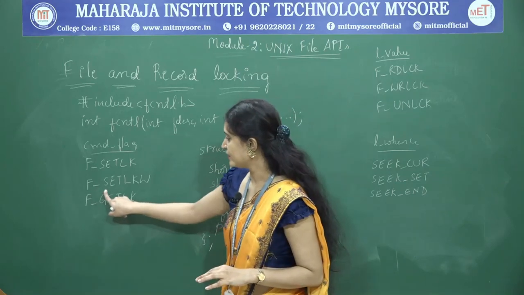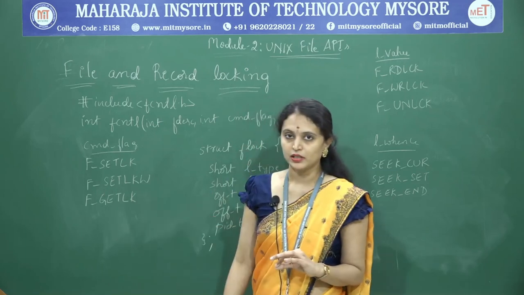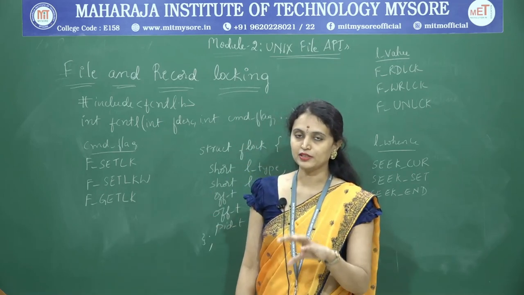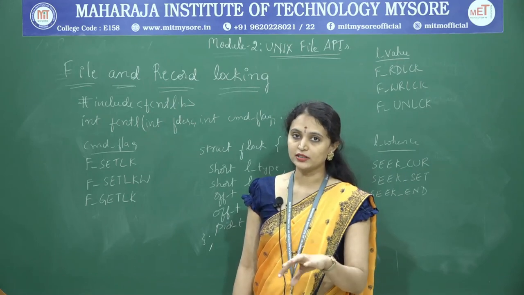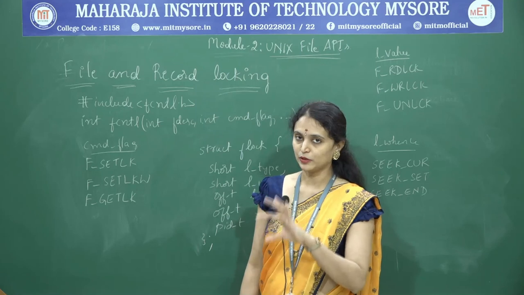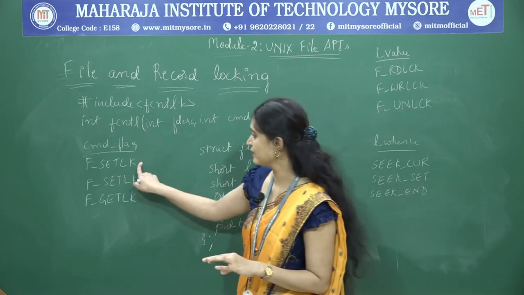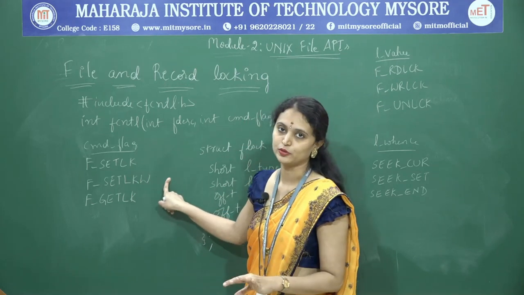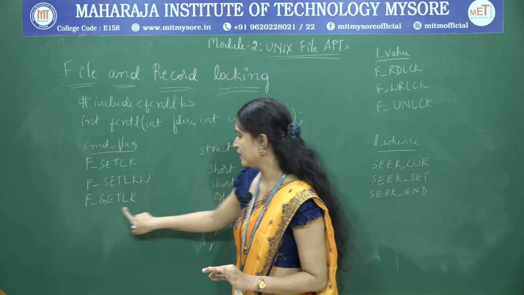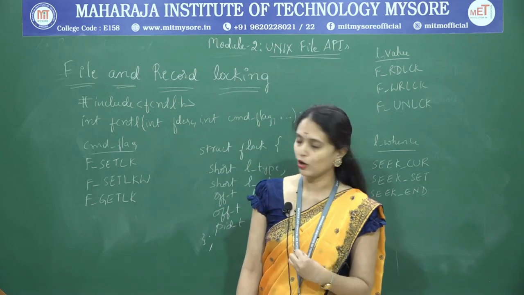The second one, F_SETLKW. If this option is enabled, the process will impose a lock on the file, and it will block the other processes performing read or write operations. In the first case it will not block other processes, but in this case it will block them. The last one, F_GETLK, means to retrieve the information of the lock.